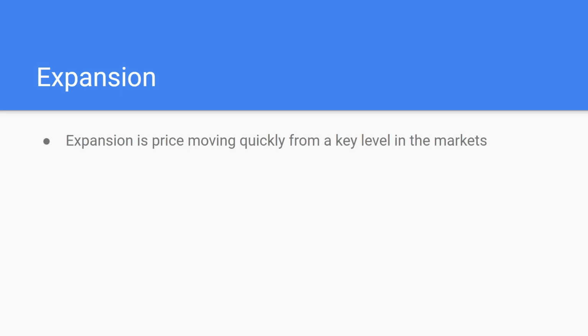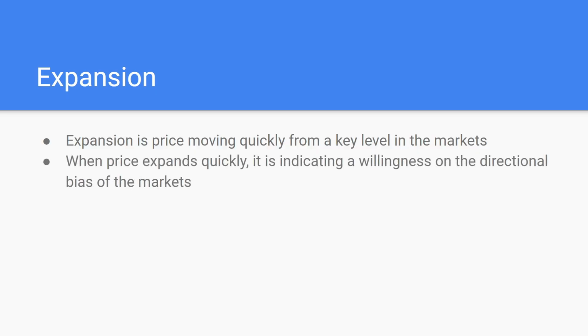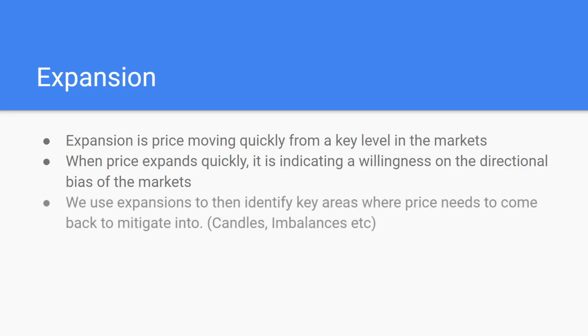So, expansion. Expansion is price moving quickly from a key level in the markets. When price expands quickly, it is indicating a willingness on the directional bias of the markets. We use expansion to identify key areas where price needs to come back to mitigate into, which could be candles and imbalances.